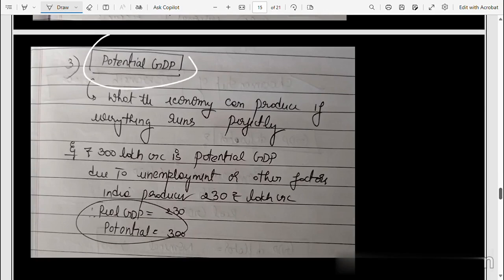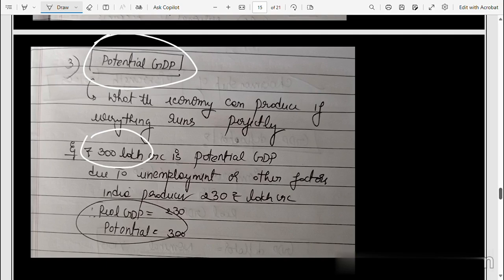The third one is the potential GDP. Now what is potential GDP? Here we consider what the economy can produce if everything runs perfectly. So this is just an idea. For example, imagine 300 lakh crores is the potential GDP of India.